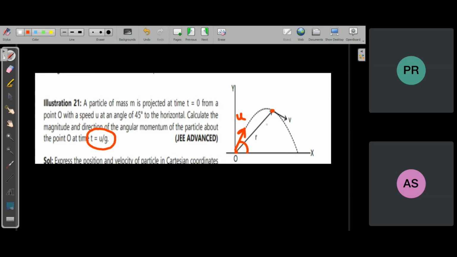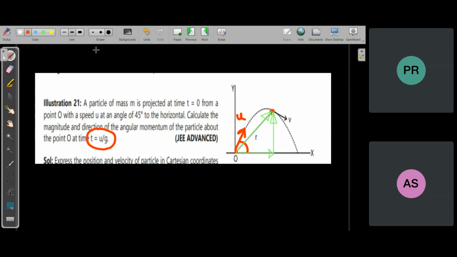So at some point, you simply have to do r cross p, and this vector is the r vector. Is it visible? The r vector is nothing but x i cap plus y j cap, right? Yes, sir. Addition of these two vectors will give you the r vector, x i cap plus y j cap.